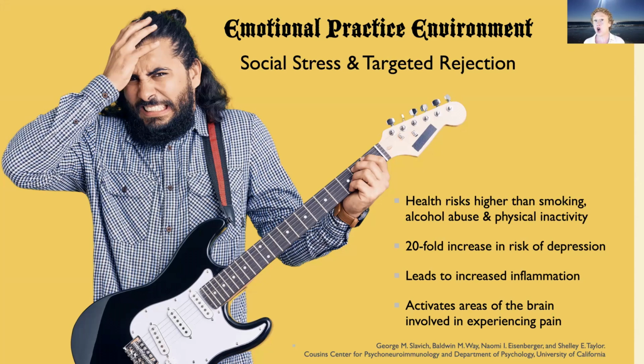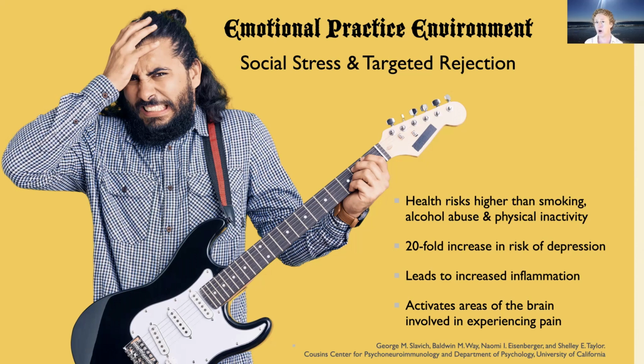Social stress, targeted rejection. So again, if somebody unfriends you or puts some bad comment on something you've posted, that's targeted rejection, right? That could also be happening outside the social media context, just in daily life.